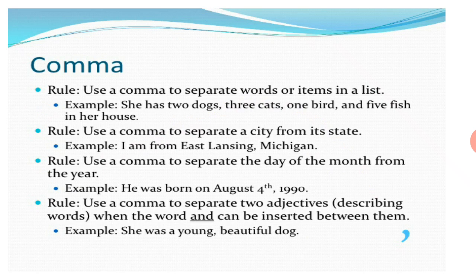Notice here: 2 dogs, comma, 3 cats, comma, 1 bird, comma, and 5 fishes in her house. This is the first. Second rule: use a comma to separate a city from its state. I am from East Lansing, comma, Michigan.